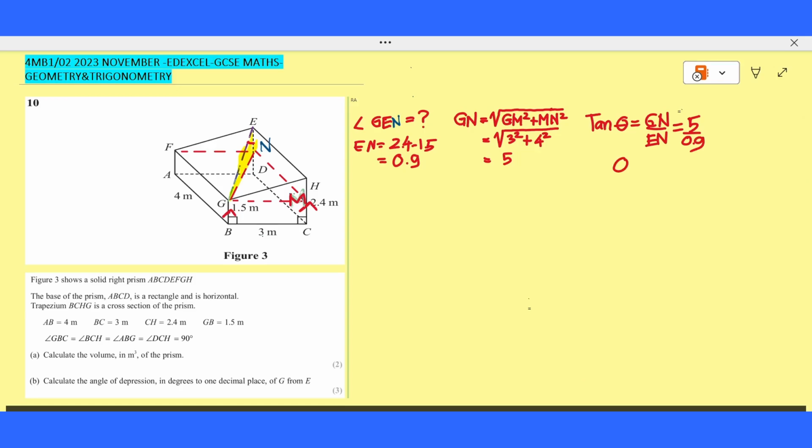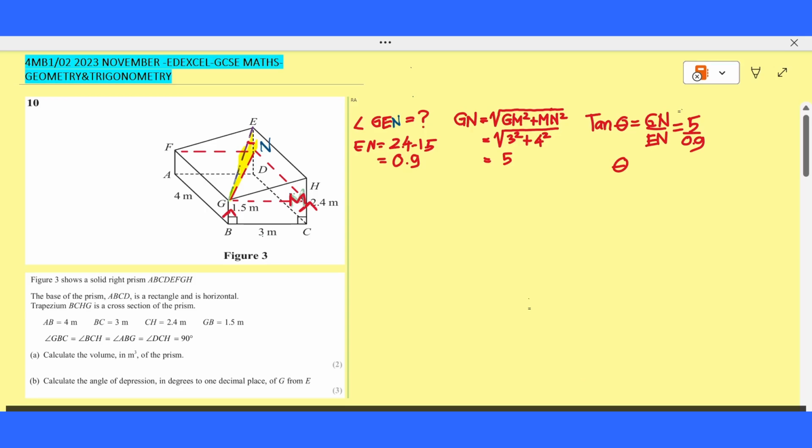GN will be the diagonal of ABCD, that is the square root of GM squared plus MN squared. GM is parallel to BC, and NM is parallel to DC, so we can just square this to get the hypotenuse, add 3 squared plus 4 squared, then square root it, so it becomes 5.